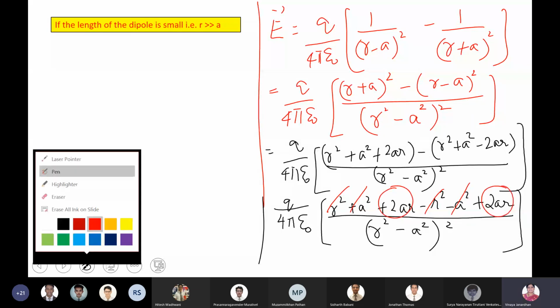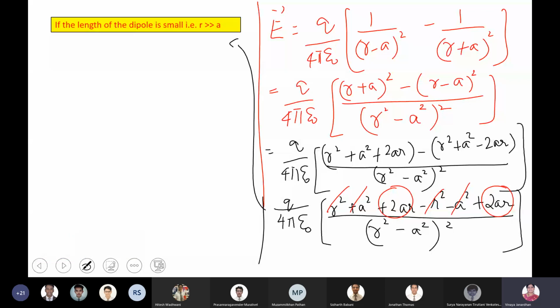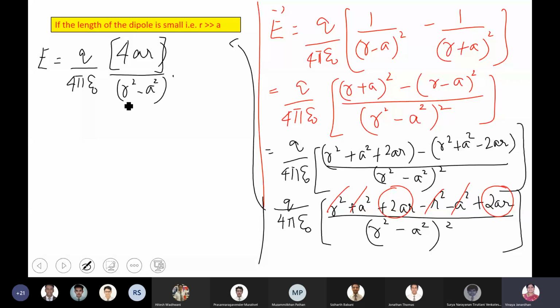So I'm taking this step to here. So E, the net electric field, will become Q by 4 pi epsilon naught into 4AR divided by R square minus A square, the whole square. Only a small rearrangement let us do.